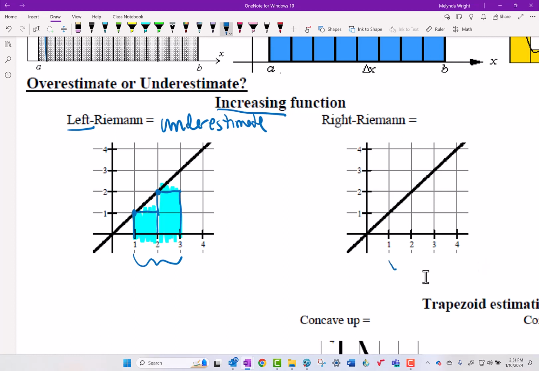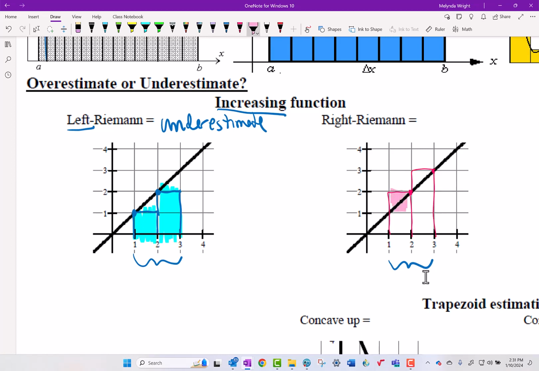Now let's look at another scenario where we have an increasing function. I'm still going to go 1 to 3, it doesn't matter. Now we're going to use a right Riemann sum. In other words, the right corner of the rectangle would be what we use to approximate the actual height of the rectangle.